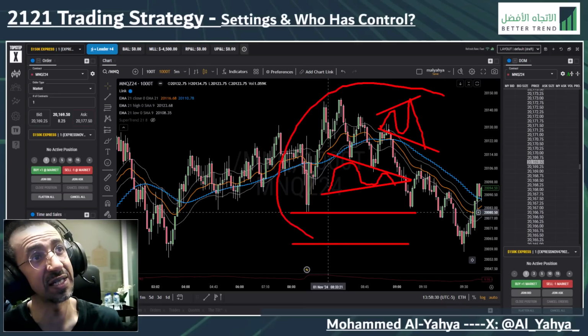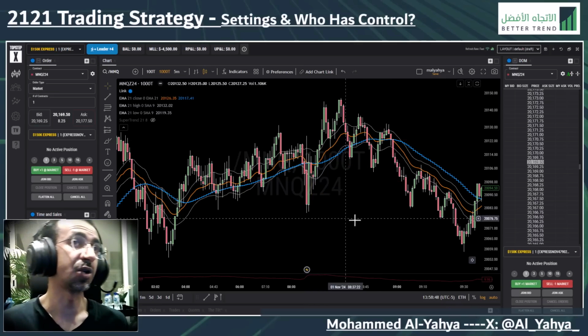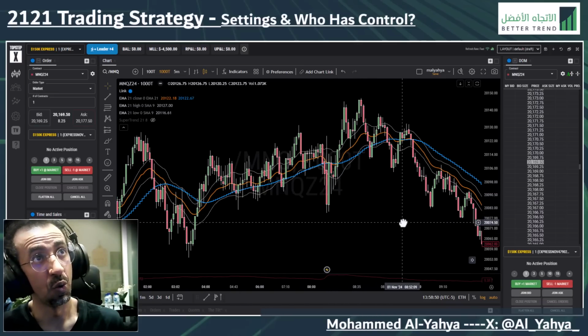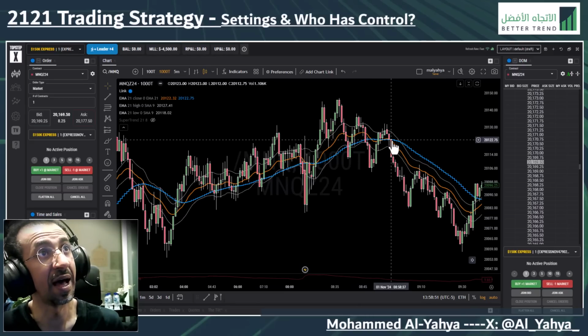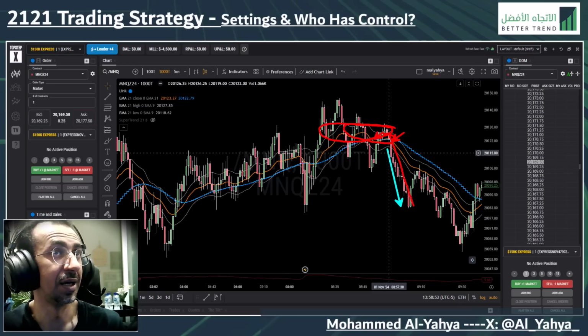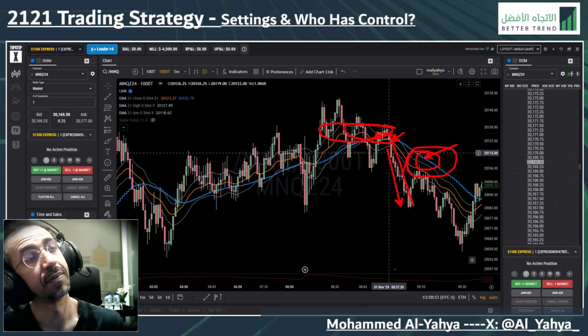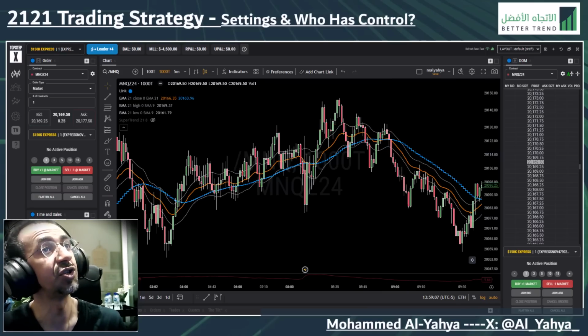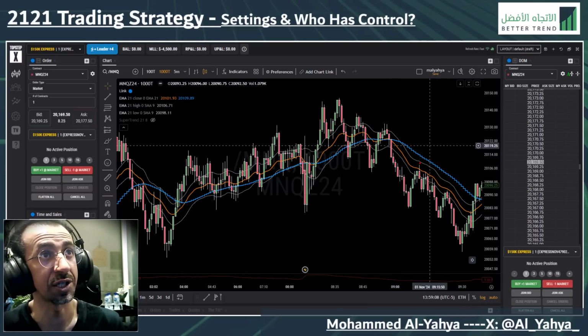All of these are considered to be a range. Now we have the sellers taking control after fighting. The market dropped, sellers took control officially, and the blue one is outside the Bollinger. We have a nice short signal here.